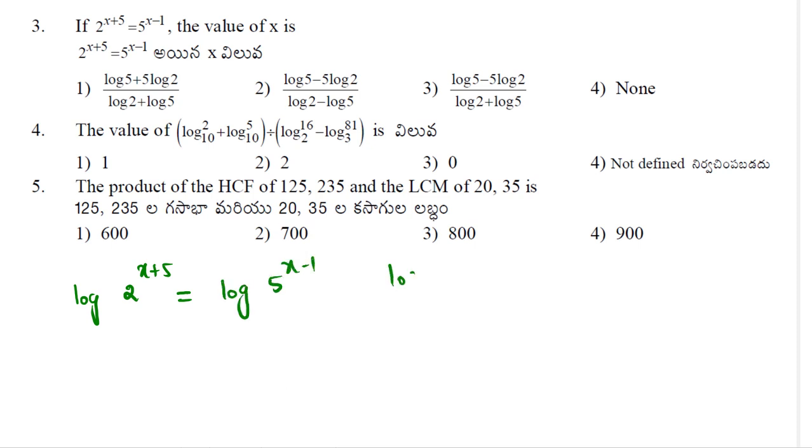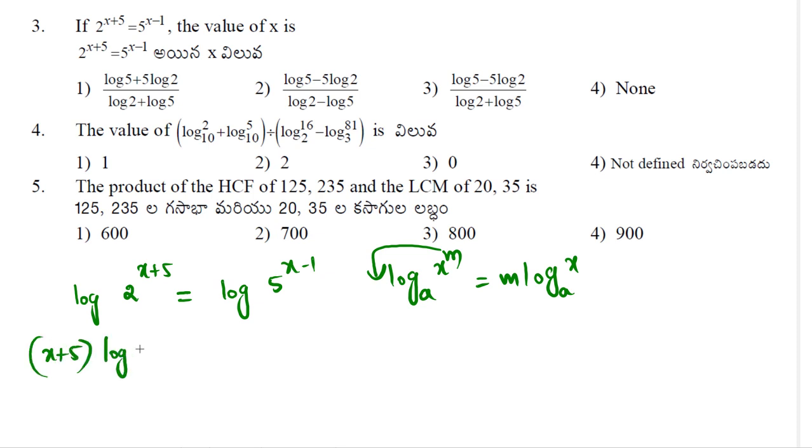We know that log x power m to the base a, we can bring this m to the front side. So this is equal to m log x to the base a. So we can write this as x plus 5 into log 2 equal to x minus 1 into log 5.